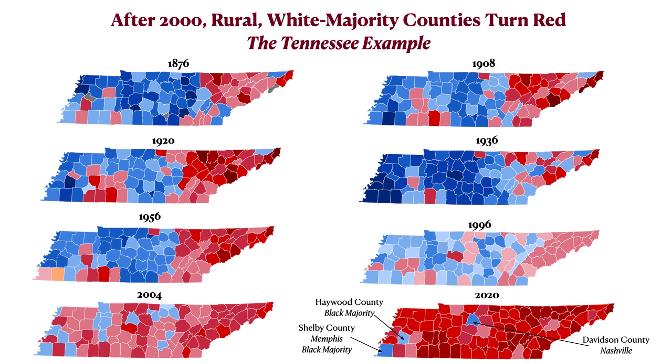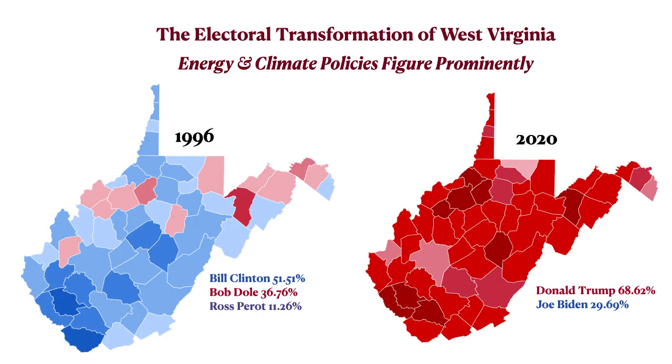And the only two black majority counties, one of which is also urban, Shelby County, which has Memphis. So that's the modern geographical pattern. Or I can take West Virginia, which was, up through the 80s, one of the most Democratic voting states in the country. This is associated with unionism, miners' union, coal mining domination.